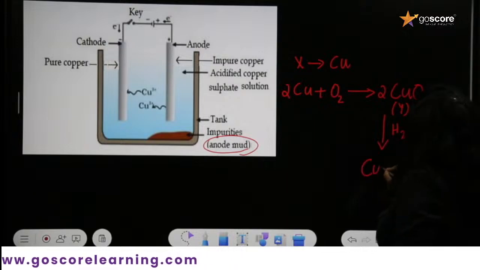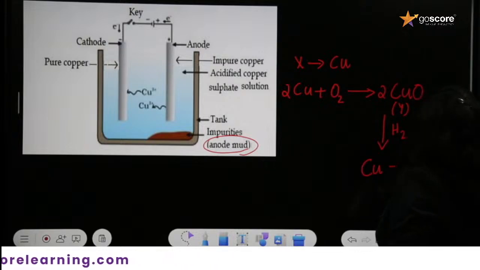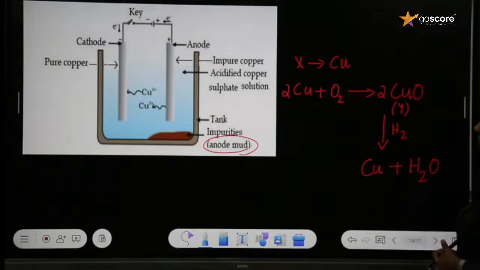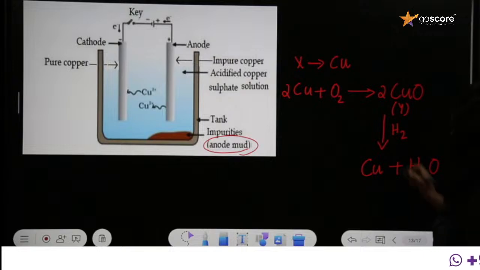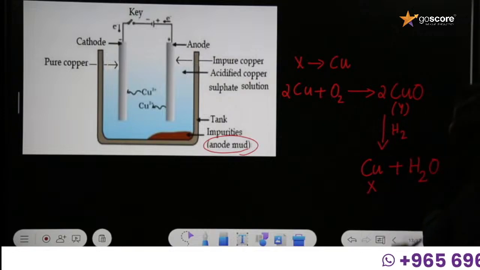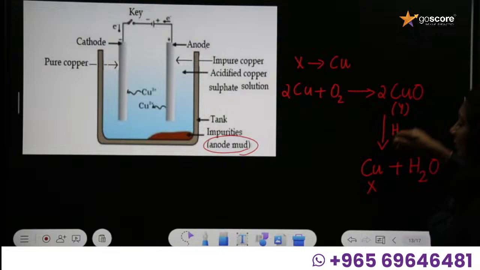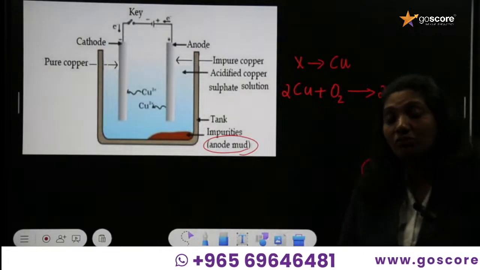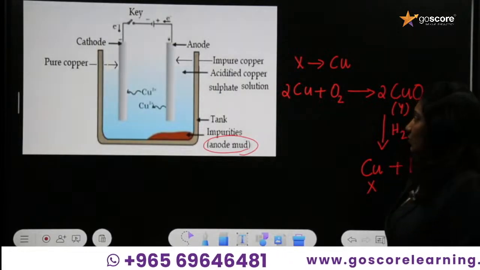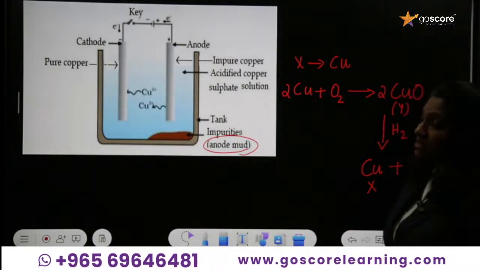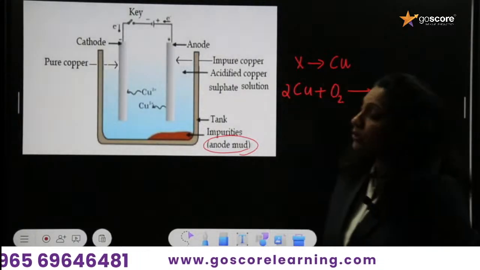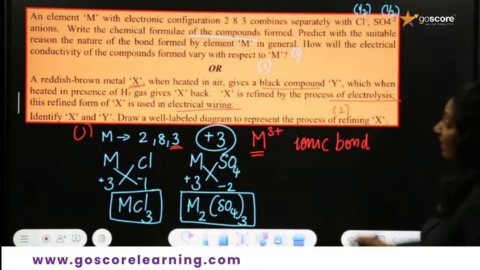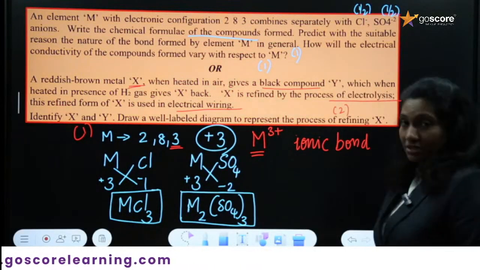You are getting copper plus H2O, right? That means you are getting X back when you treat Y with hydrogen gas, when you carry out the reduction of Y. So your X is copper and your Y is copper(II) oxide, right? So I hope it is clear. This is the 3-mark question and this is the mark distribution for it.